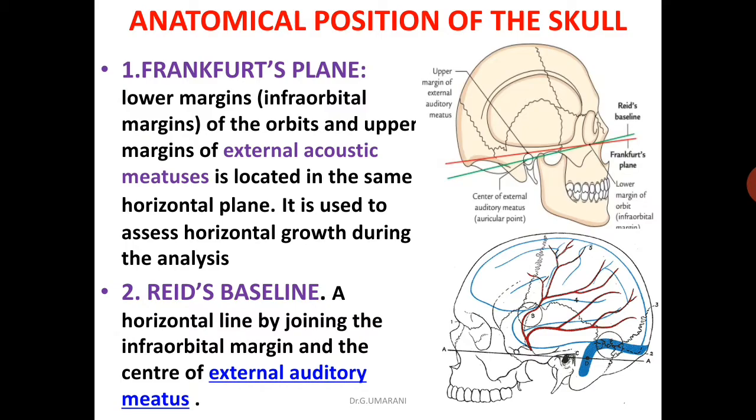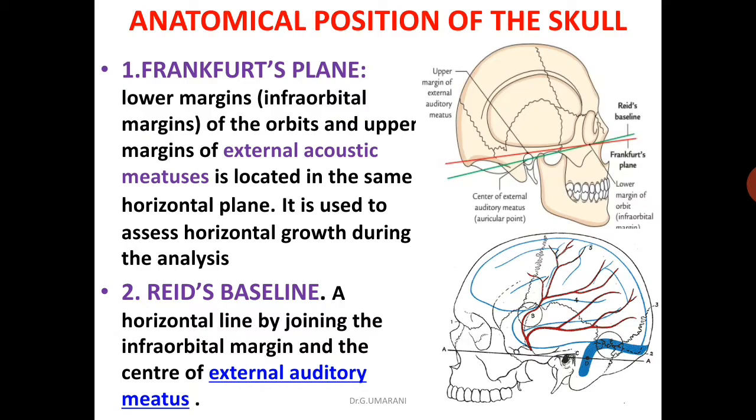Frankfurt's line runs between the infraorbital margin and the upper margin of the external acoustic meatus. Whereas Reid's baseline is a horizontal line joining the infraorbital margin and the center of the external auditory meatus.